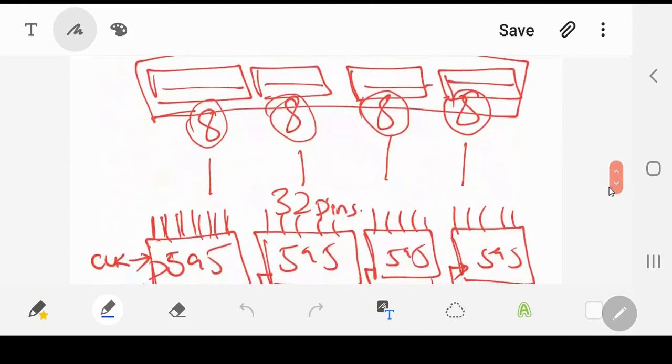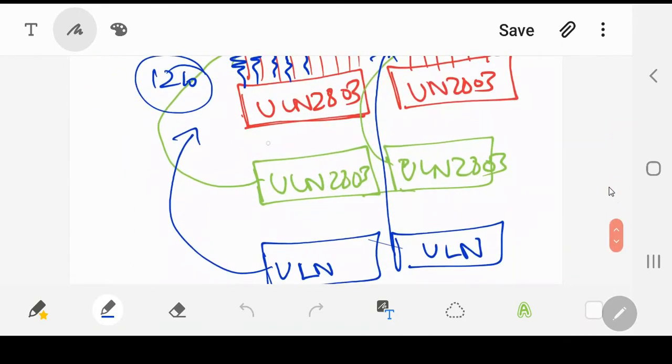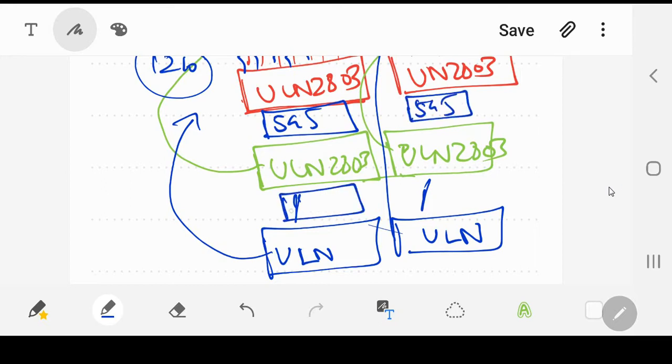So here, when you are going to connect the 595 at this point, this point, this point, and this point, there will be another IC over here which will be the 595. There will be another IC 595, and another IC 595.